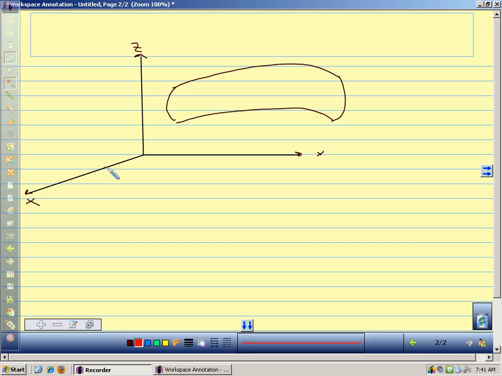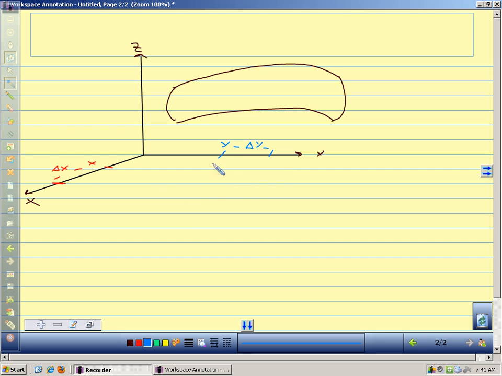So this is x. And then we're going to go out here a certain distance. And from here to here is delta x. And we're going to do the same thing on the y-axis. So over here this is y, and then we're going to go out here to this new position, and this distance is delta y.